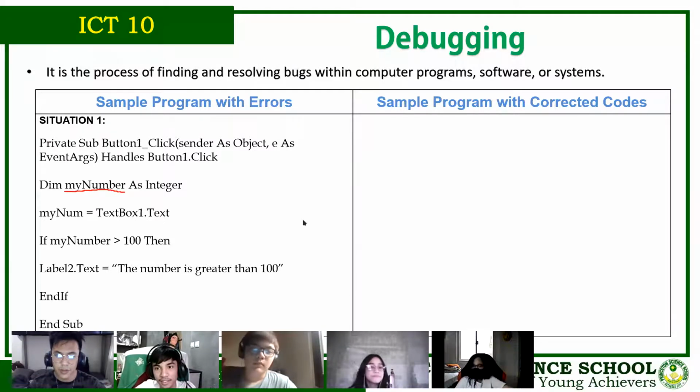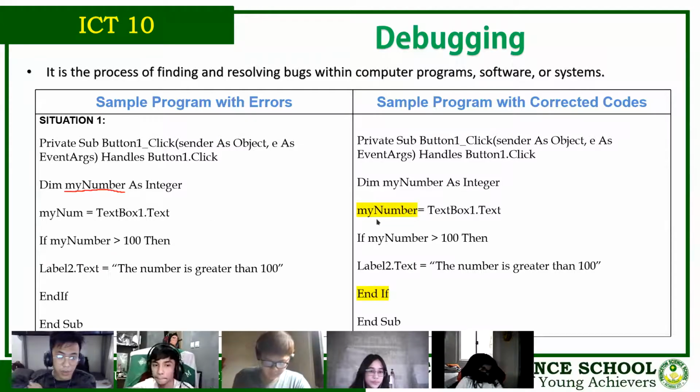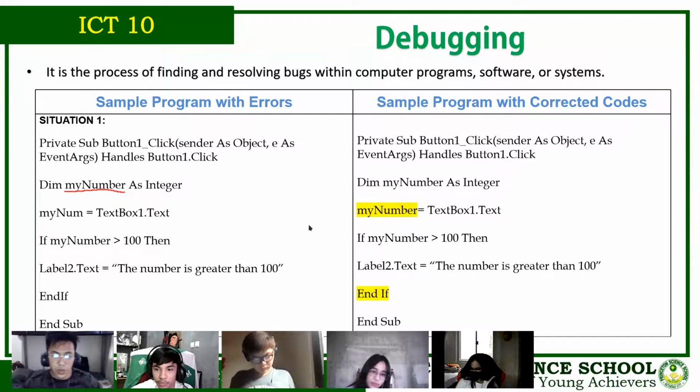Okay, she's correct. So the first error was the my number. The corrected one is right on the right side. That is the process of debugging. For debugging, it is just identifying which are the errors in your code.